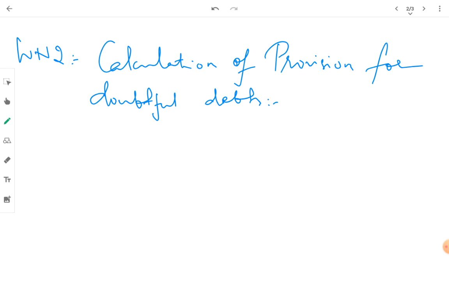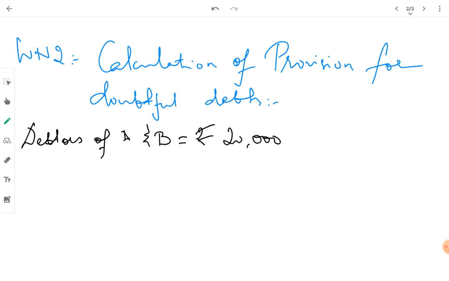Right. So as I stated earlier, in the question, debtors are given as rupees 20,000, right? So debtors in the old question is only for A and B. So debtors of A and B, as per the question, is equal to rupees 20,000. So provision for doubtful debts is at the rate of 10%.